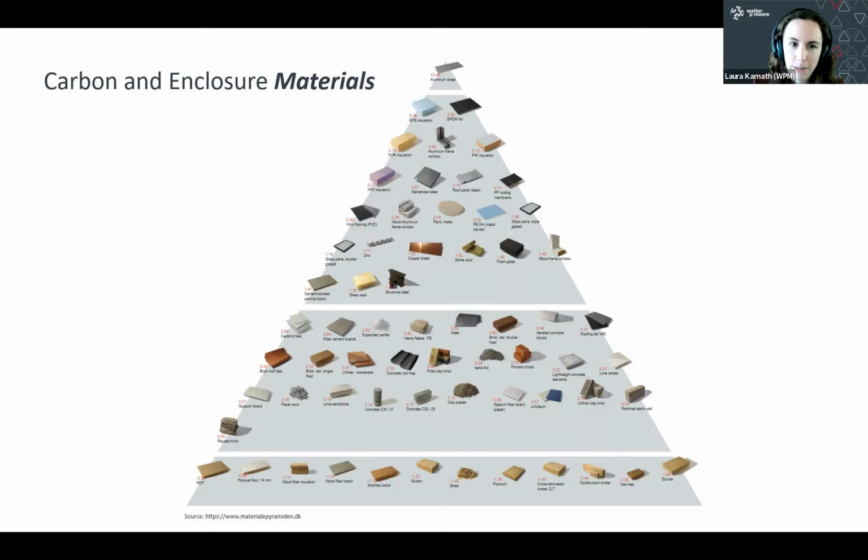So where do we find enclosure materials on this pyramid? Well, things like aluminum that are used in curtain walls, glass, insulation. You can start to see they're really clustered at the top of the pyramid. So that's why it's really important to think about this when we are designing building enclosures.